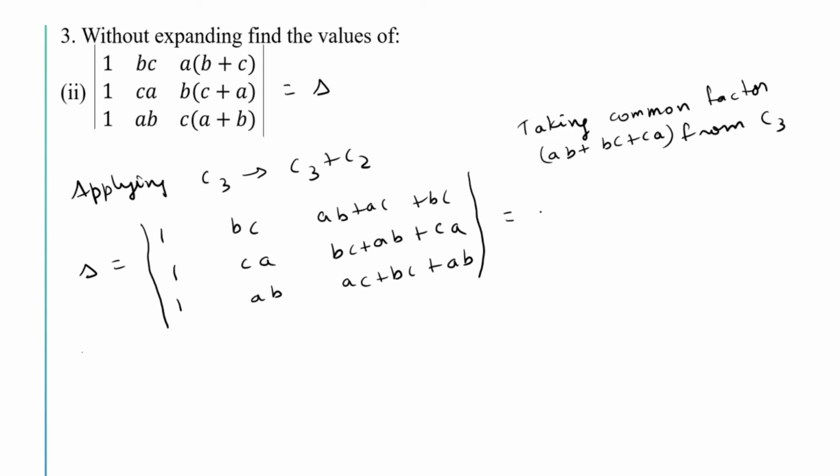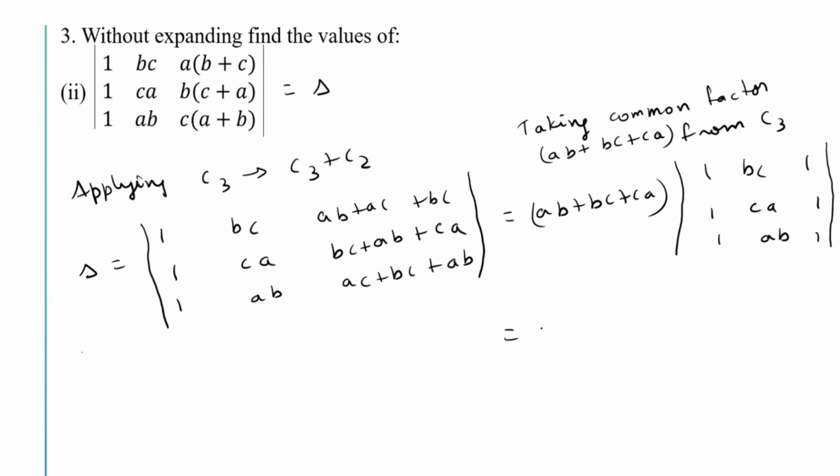So this is equal to AB plus BC plus CA into 1, 1, 1, BC, CA, AB, 1, 1, 1. So when we take this common factor outside, we will get 1, 1, 1 in the third column. Here we can see that two columns are identical. So the value of this determinant is 0. So this is equal to 0 since C1 and C3 are identical.